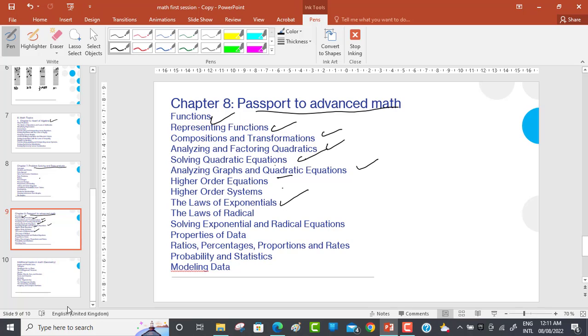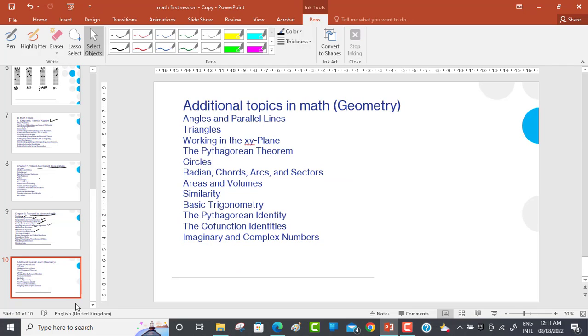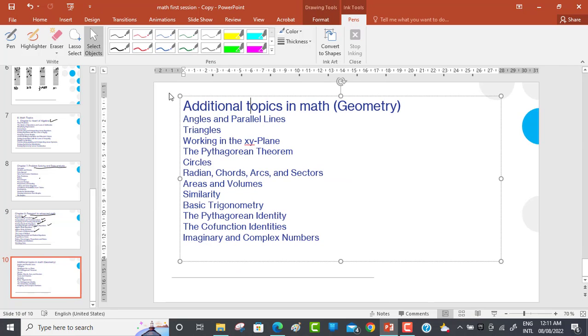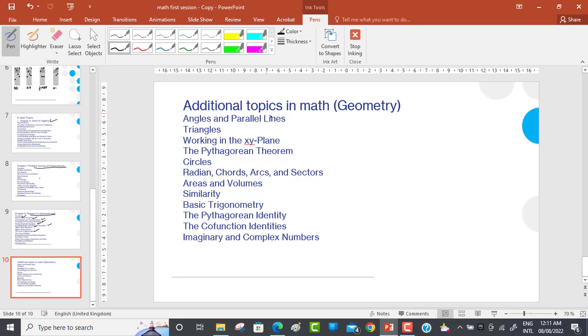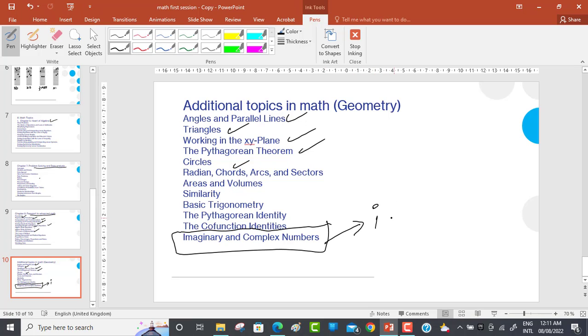It's a mix between function analysis and also a little bit of algebra about exponents. Finally, the fourth chapter is Additional Topics, like a review of geometry, like parallel lines, triangles, working with the XY plane, Pythagorean theorem, circles, and a lot of things about geometry. This chapter also covers complex numbers, when we talk about i, an imaginary number, with i squared equal to -1.